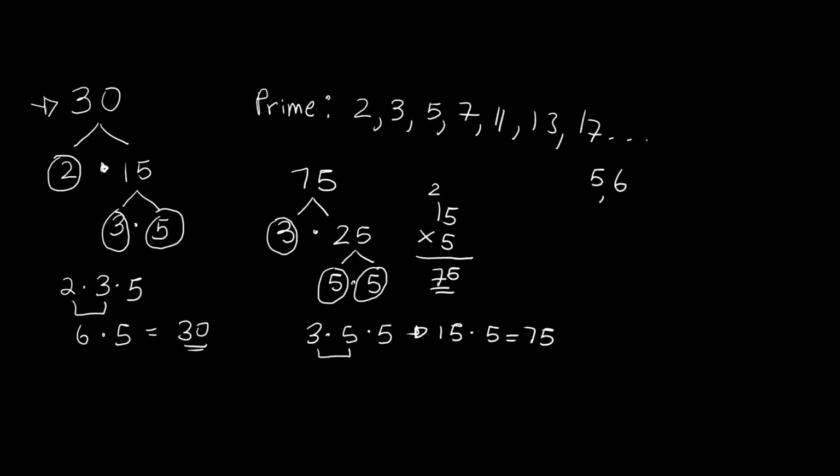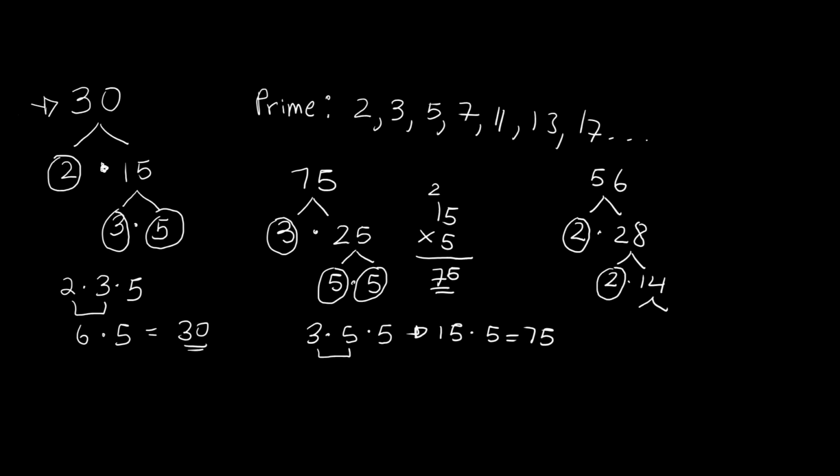Here's another example. Try 56. 56 is an even number, so we can start with 2. 2 times 28. If I multiply 2 times 28, it gives us 56. So I circle 2 because I stop here. 2 is a prime number. Now 28 is even, so I can continue factoring this number. 2 times 14 will give us 28, and I stop at 2.